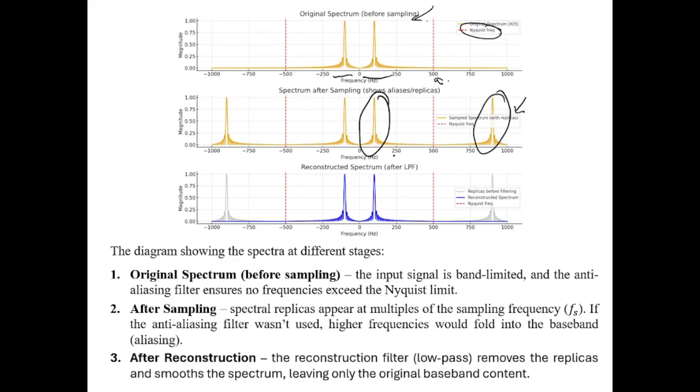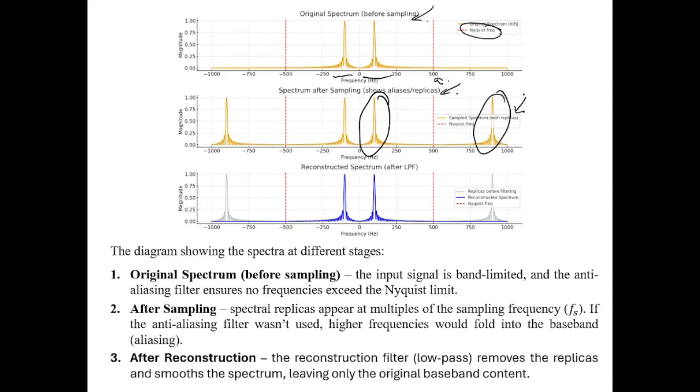Okay, so by applying this Nyquist frequency, we try to stop this overlapping of these things. So lastly, reconstructed spectrum after sampling.